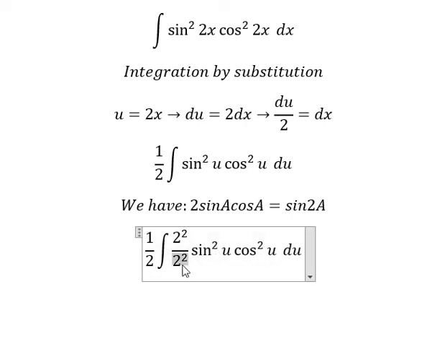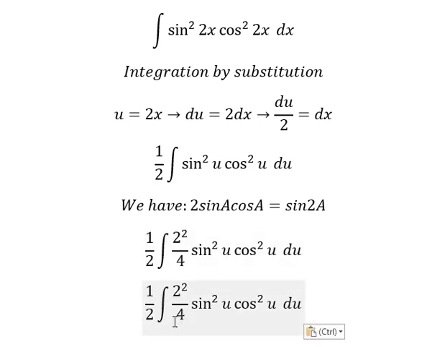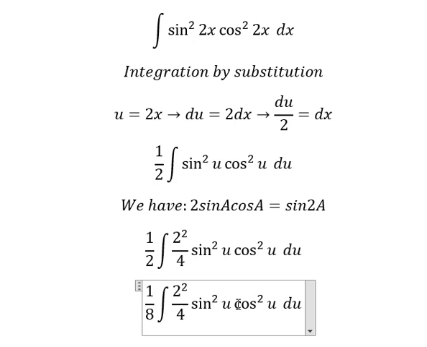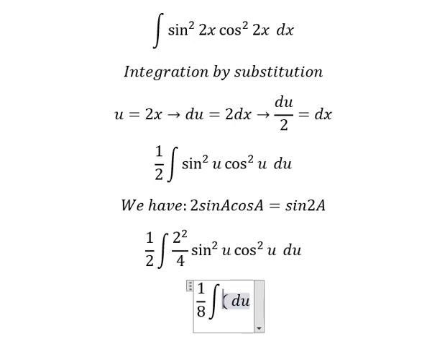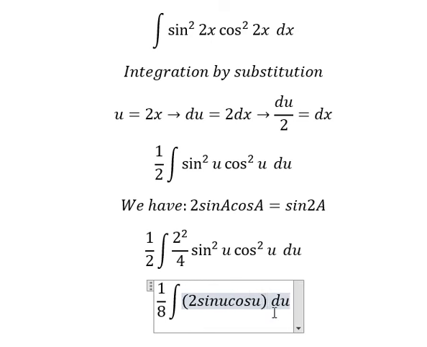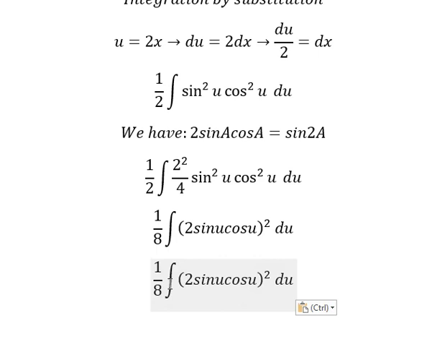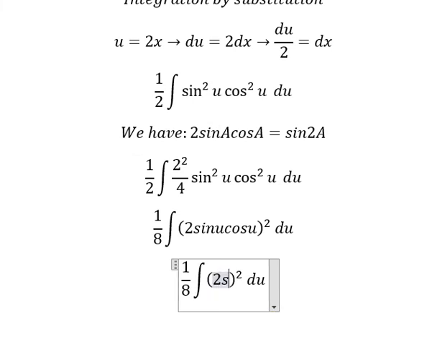This one you get 4. The number 2 with the number 4 you get 8. And this one I will put like this: 2 sine u cosine u to the power of 2. So we see that 2 sine u cosine u we change by sine 2a, and this one should be sine 2u.